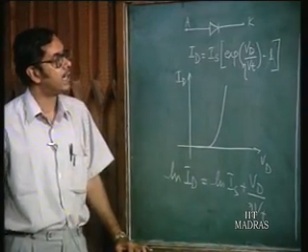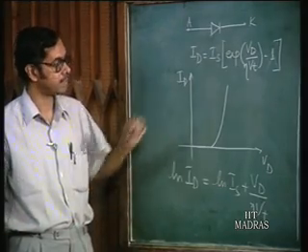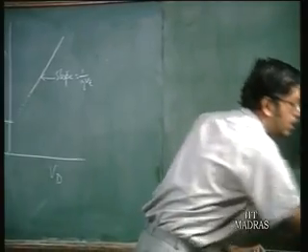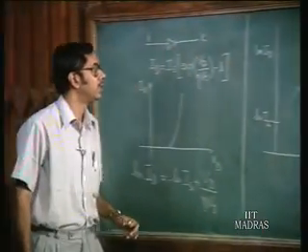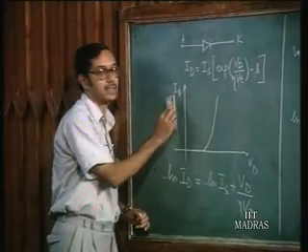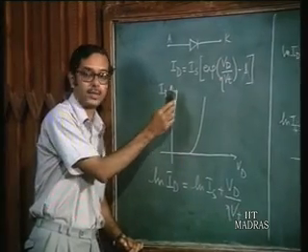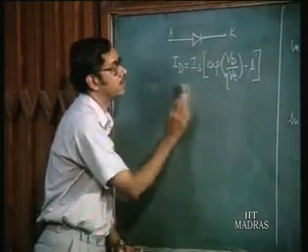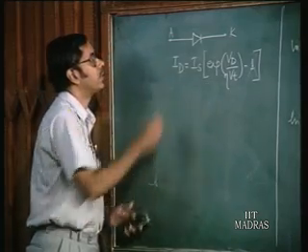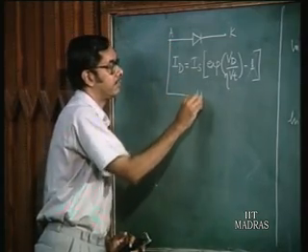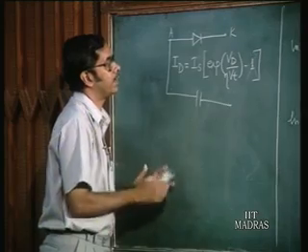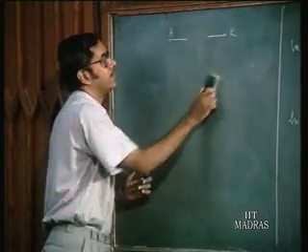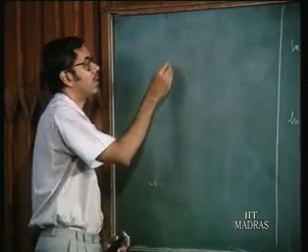Of course, in addition, in a diode model, as we have already discussed, we also have the capacitances between the anode and the cathode. I will just draw this model once again.